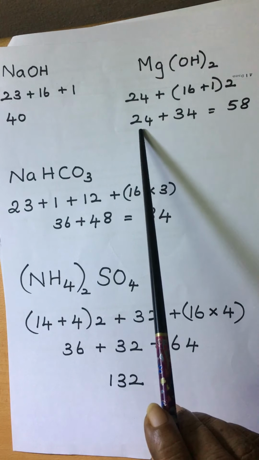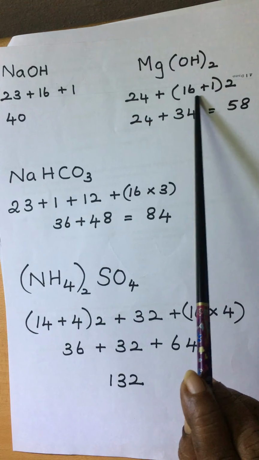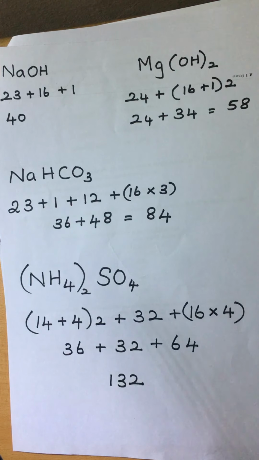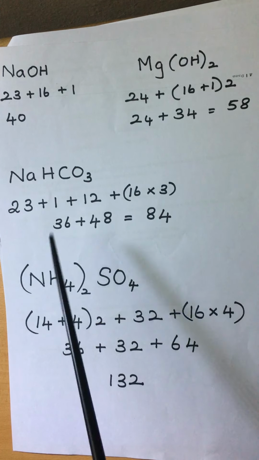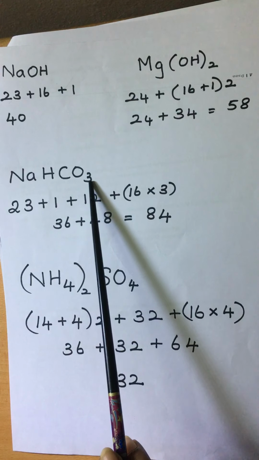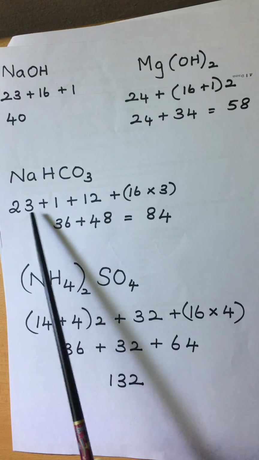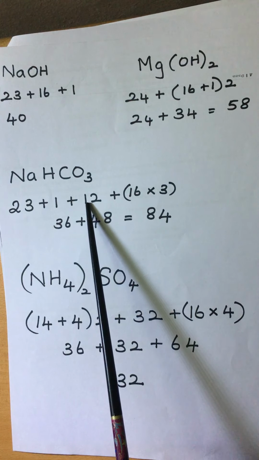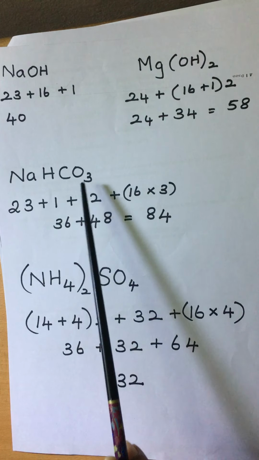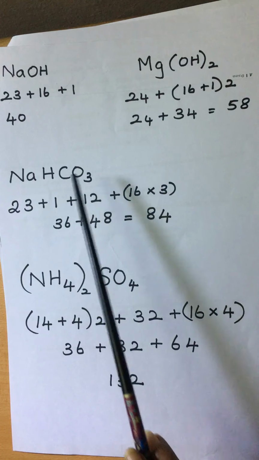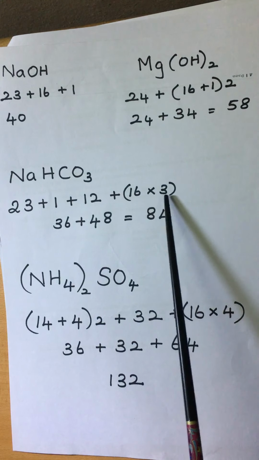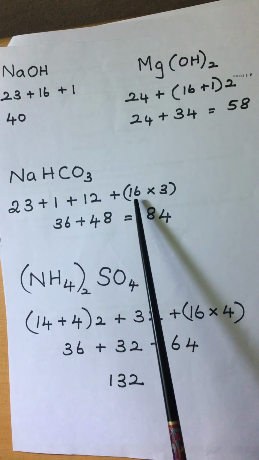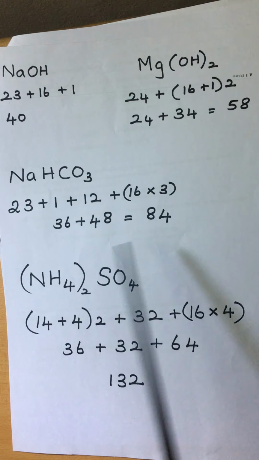So here 24, 16 plus 1, 17 into 2, that is 34. So 58. Next one, see sodium bicarbonate. Sodium 23 plus hydrogen 1 plus carbon 12 plus oxygen, 3 atoms, so oxygen 16 into 3, that is 48. When you add these, you will get 84.